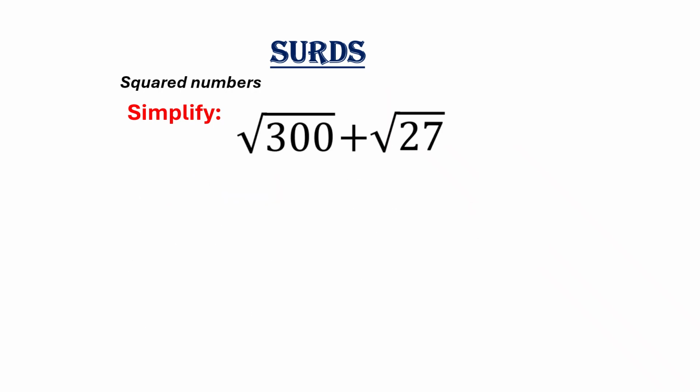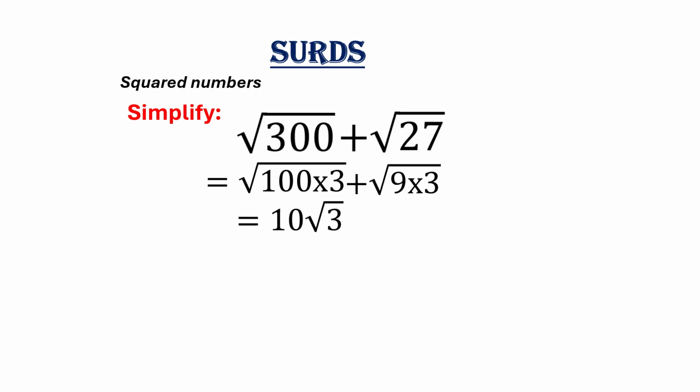Alright, I'll now do it. So as we said before, we think of a squared number inside of both of these. Root 300 is root 100 times 3. Root 27 is root 9 times 3. Root 100 is 10, so it's going to be 10 root 3.